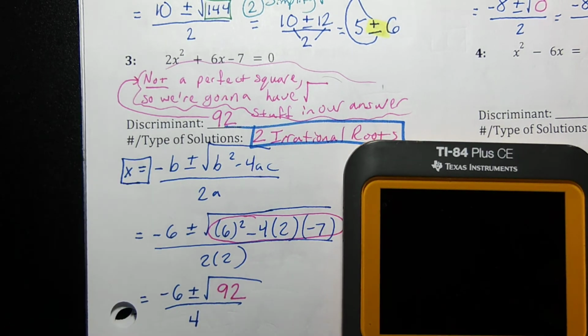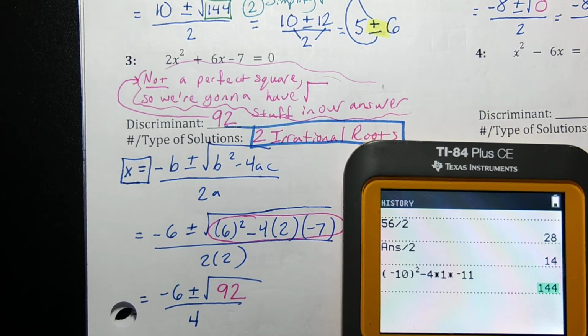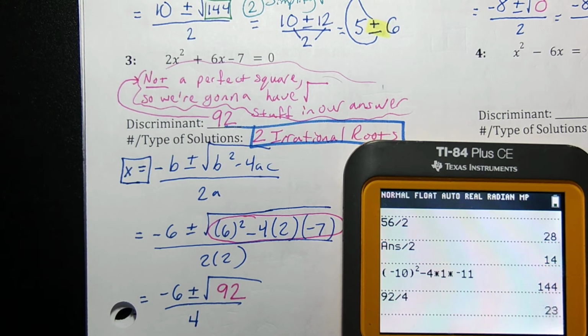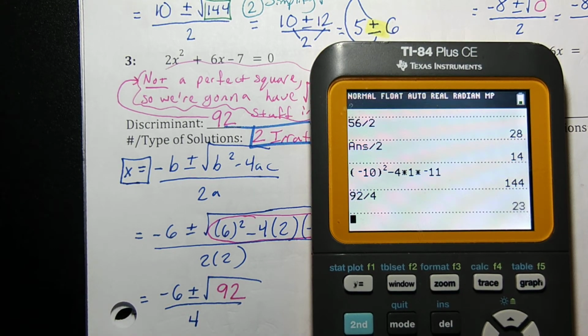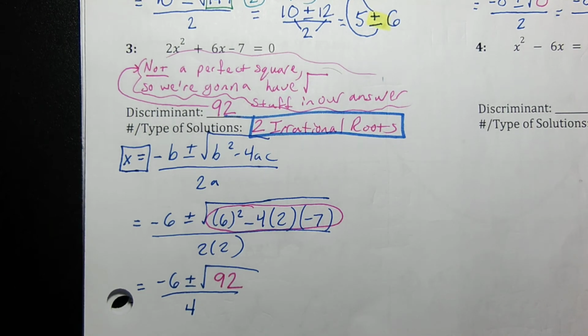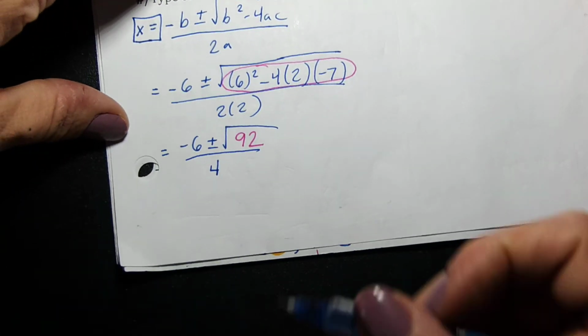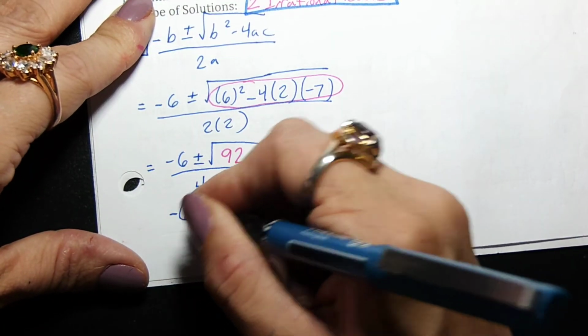It's even, so maybe I'll try dividing it by 4 first. 92 divided by 4 is 23. Sweet. It's divisible by 4. Can I divide 23 by anything? Just 23 and 1. So those are my two factors. The perfect square factor of 4 and the non-perfect square factor of 23.